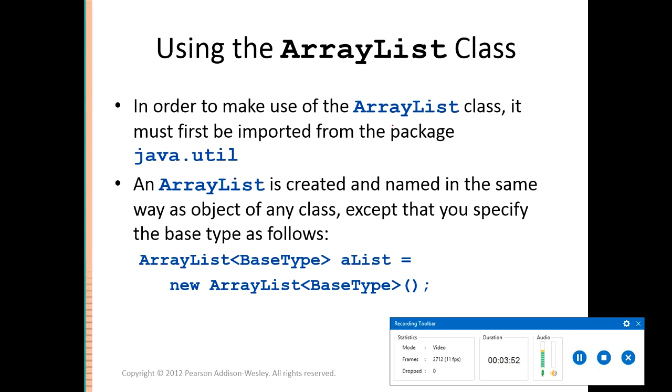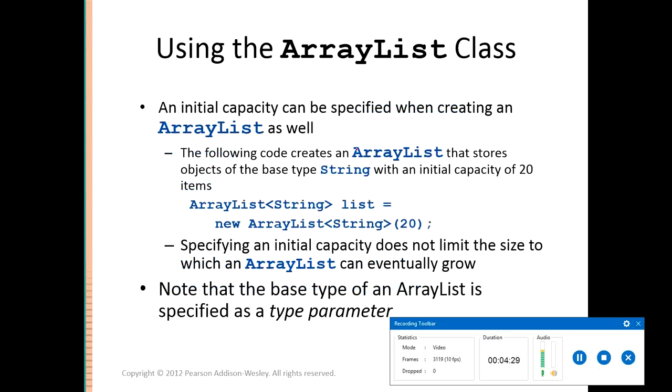Alright, so how do we use the ArrayList class? In order to make use of the ArrayList class, first of all we need to import the java.util package, and an ArrayList is created and named in the same way as an object of any class. So we need to have ArrayList followed by the base type. Here we need to provide the type, whether it's a string type, an integer type, a float type, a double type, a boolean type, whatever. Then the name of the ArrayList is equal to new ArrayList, and again the type, and then the round brackets. In the round brackets, it's optional to put the size. An initial capacity can be specified when creating an ArrayList as well.